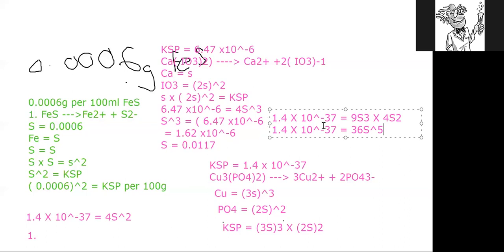Now we just need to make S the subject. We're going to divide it all by 36, because you have to get S on its own. Yeah. So this is what we're going to get. That's going to be a very, very small number.